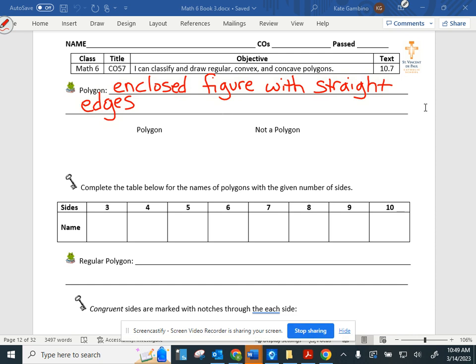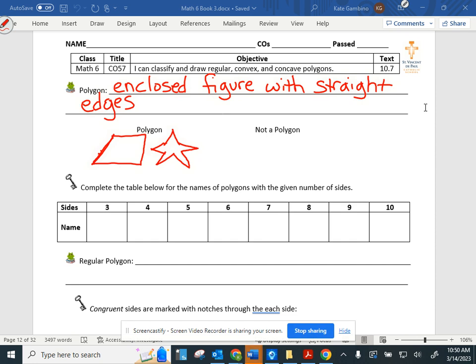So an example of a polygon might be something like that. Straight lines, straight edges, and it's enclosed. There's no openings. Another example might be something like this, doing that star shape. All straight lines, and it's enclosed.